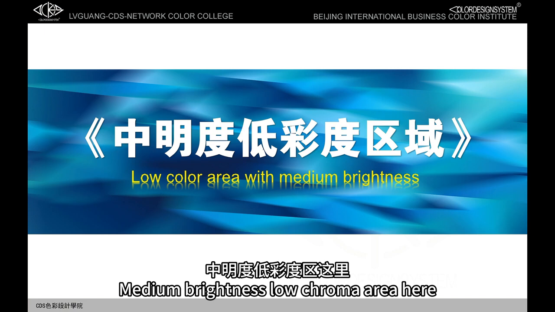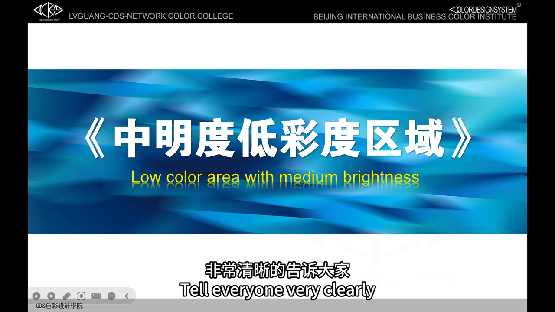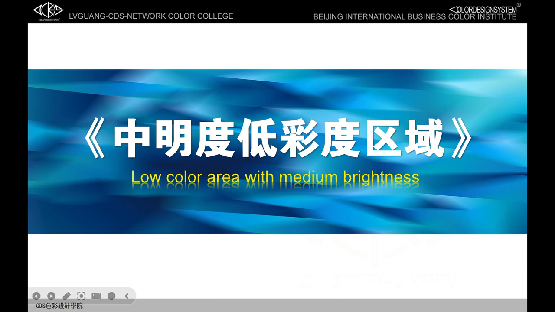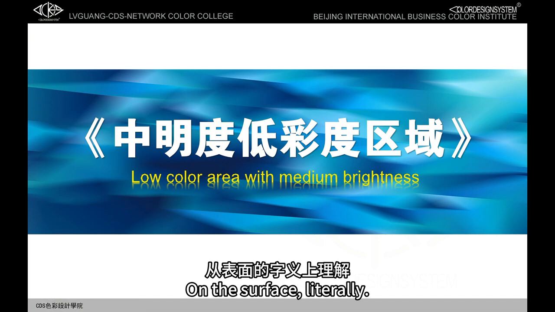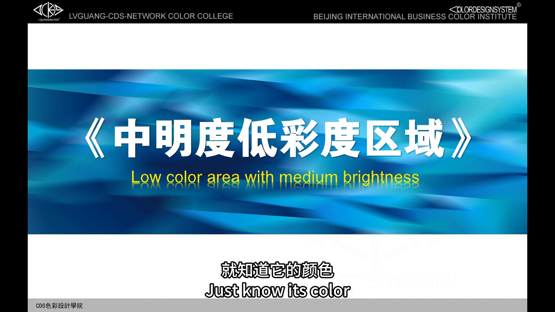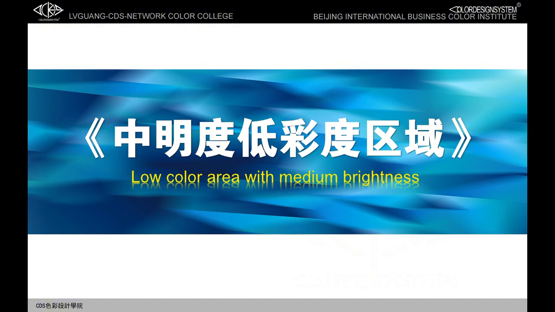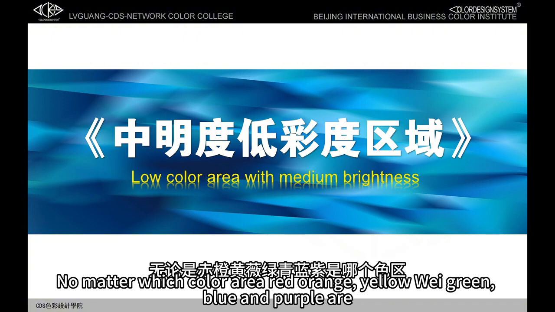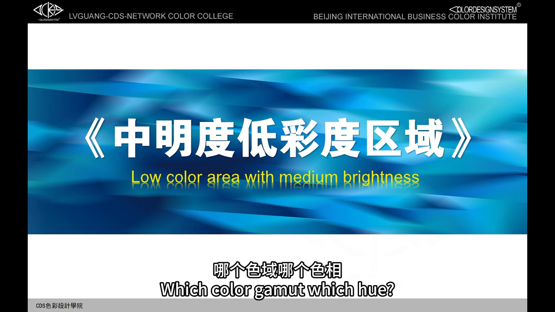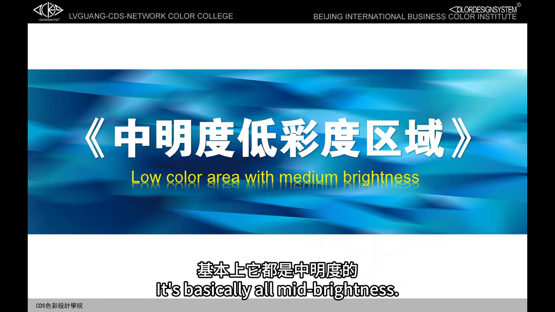The medium brightness, low chroma area here. To tell everyone very clearly, on the surface, literally, no matter which color area or hue, whether red, orange, yellow, green, blue, or purple, it's basically all mid-brightness.